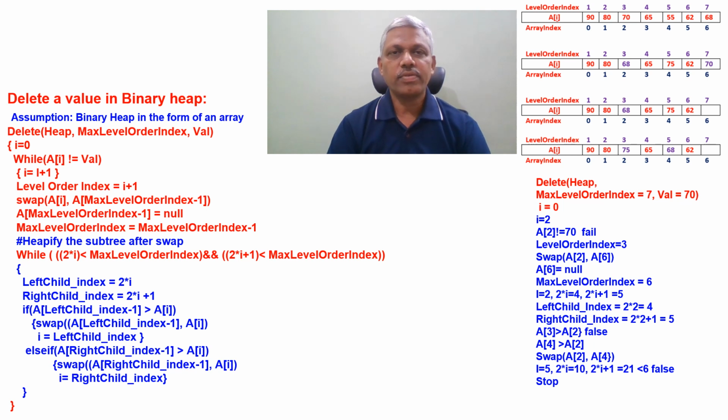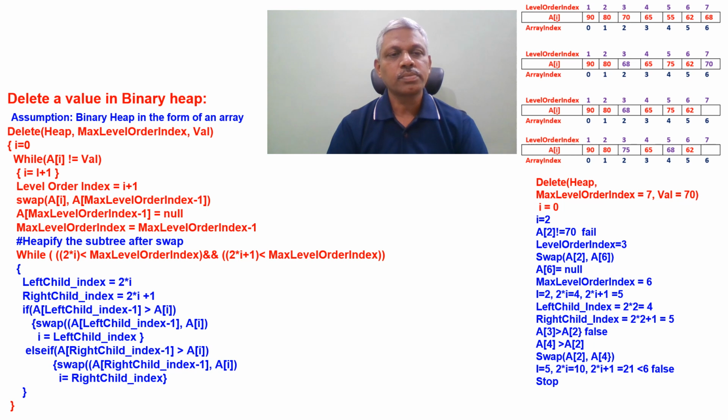Once that is identified, the corresponding level order index is equal to I plus 1, and then we need to swap the last value with the node to be deleted. So swap a of I and a of max level order index minus 1, the last element. Once we have swapped, we can make a of max level order index minus 1 as null.